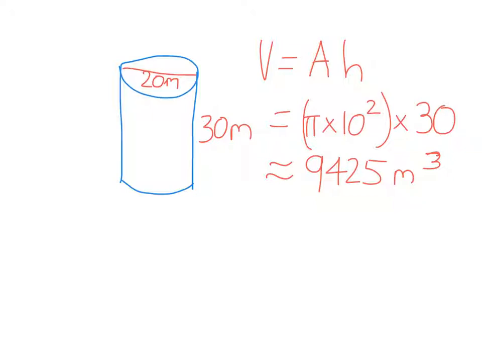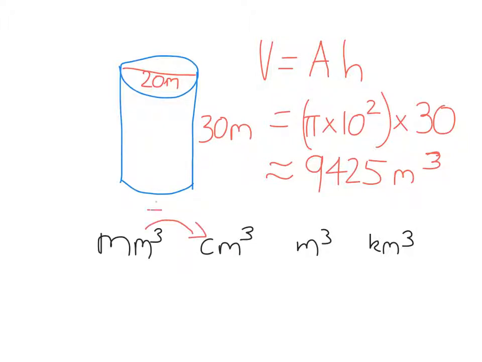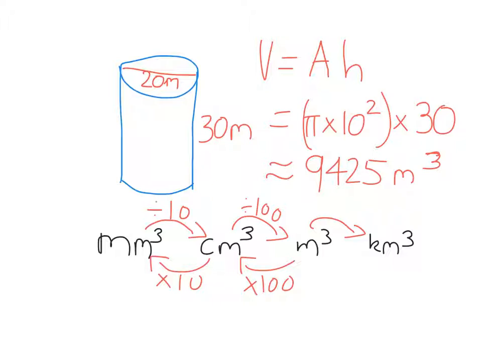So I need to know a bit about conversions. So we've sort of seen this chart before. Remember when you wanted to go from millimeters to centimeters, you divide by 10. The other way, you times by 10, and there are 100 centimeters in a meter. Remember, of course, the rule was that when you're going from a smaller measurement to a larger measurement, you divide, and if you're going from a larger measurement to a smaller measurement, you times.